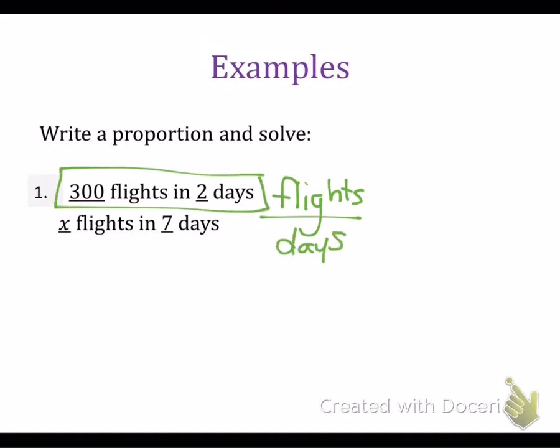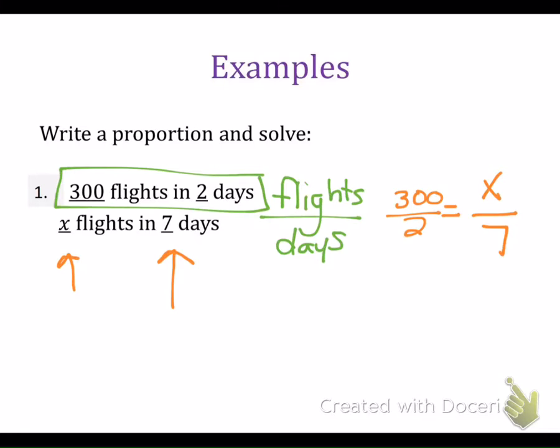So let's look at our first one. 300 flights in 2 days. So let's put 300 over 2 is equal to, and then we have x over 7, because it's 7 days. So that's what we're putting, flights over days. Okay? And then we're going to cross multiply.